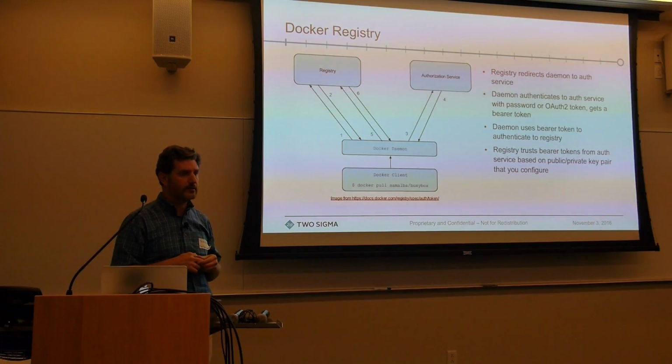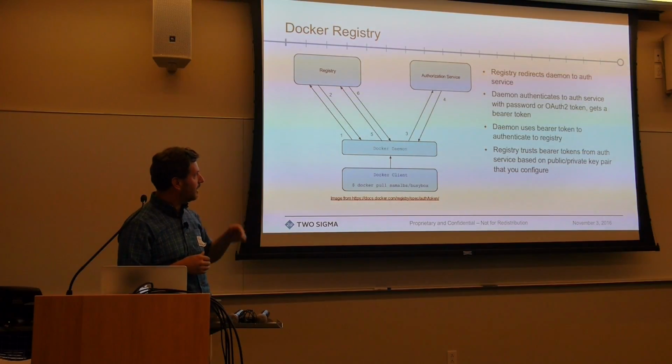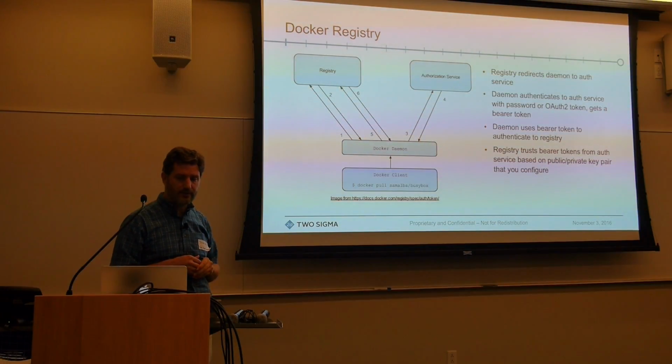The authorization service, you can authenticate to that service. All that's supported by the Docker daemon is passwords and OAuth 2 tokens. But we'll talk a little bit about how you might get around that in just a little bit. But so you authenticate, let's call it with HTTP basic authentication to the auth service.